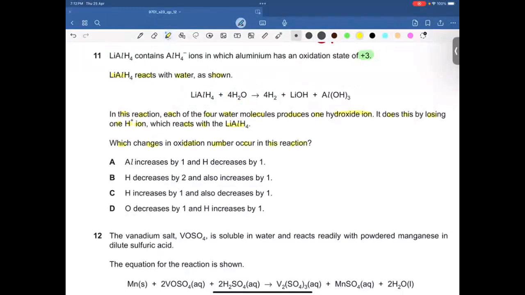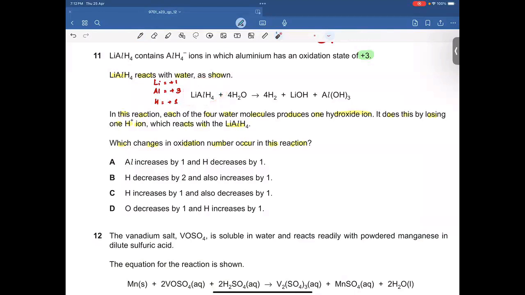So first of all, in this compound, lithium is +1 because it is found in group 1 of the periodic table, so it has a charge of +1. Aluminum has a charge of +3, and hydrogen has a charge of, again, +1. Oxidation state obviously in this compound is going to be different.